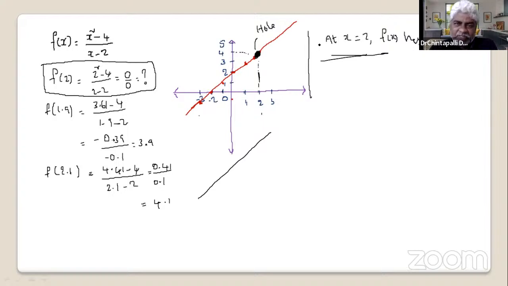Very clearly, at x equal to 2 it is not possible, and surprisingly, it is possible for every value nearby 2. That means less than 2 is possible, greater than 2 is possible, for whatever small value. It is possible for 2.1, for 1.999.